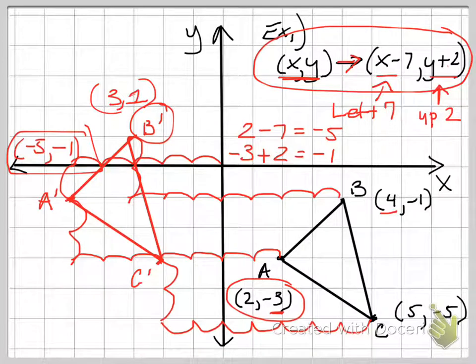If you took C, 5 minus 7 is negative 2. Right here, this is negative 2. And negative 5 plus 2 should be negative 3. And this is 3 down, so that is correct too. So just applying the algebraic transformation to every point, or at least the vertices of this preimage, you end up getting the coordinates of the image for A prime, B prime, and C prime.